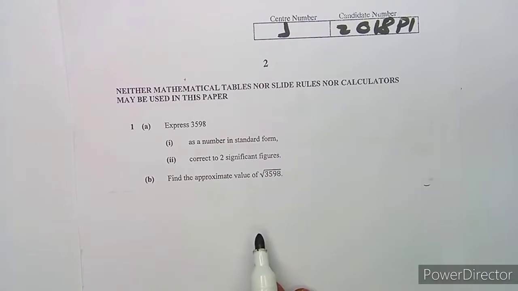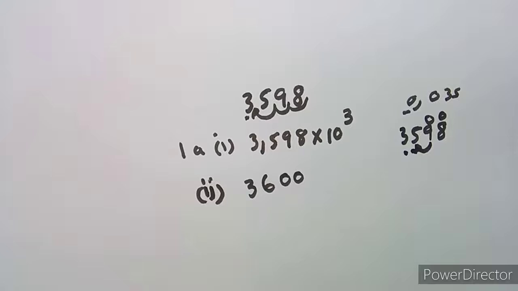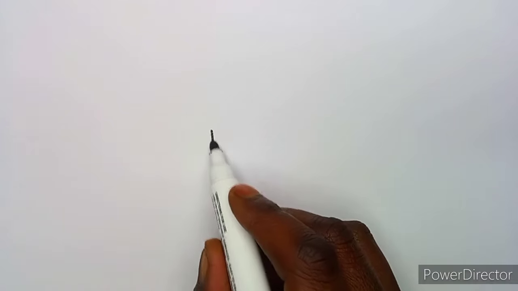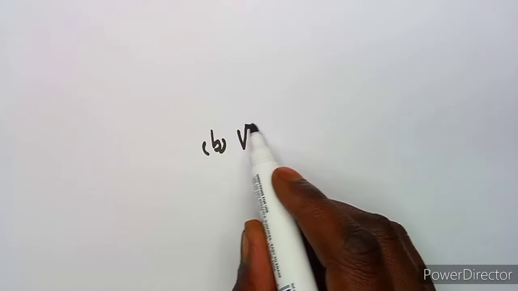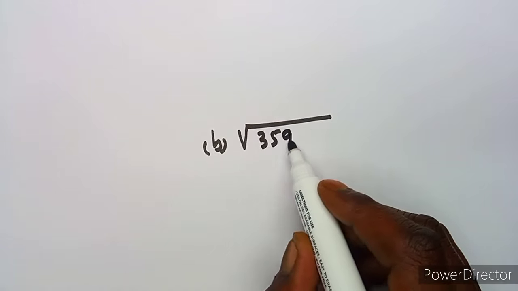Find the approximate value. If you are given to calculate or find an approximate value, you have to round off the number that you are given to a degree of accuracy that you can actually work with properly. In this case, it's the square root of 3,598.